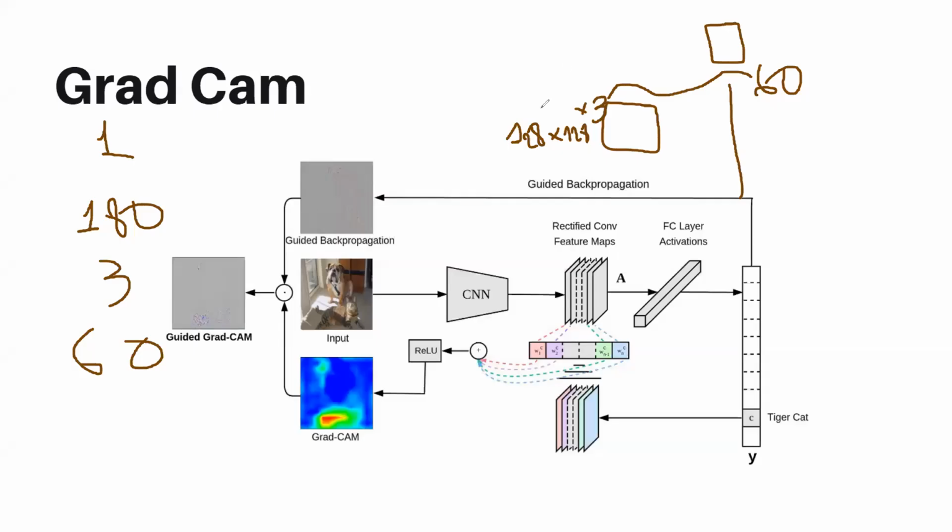Can somebody tell me what is the number of channels here? 60. Very well. So when the number of input channels is 3, the dimension of your kernel is going to be, let's say, 5 by 5 by 3.